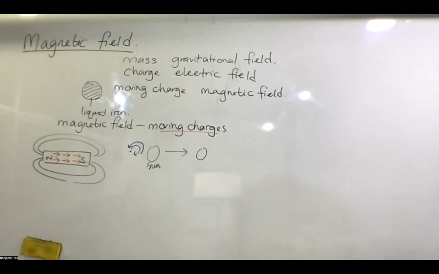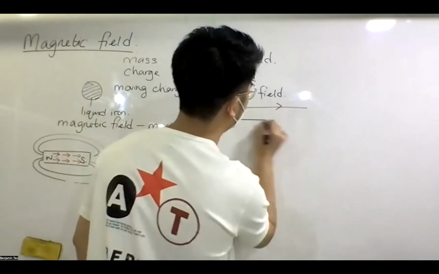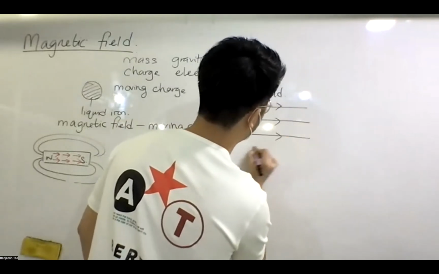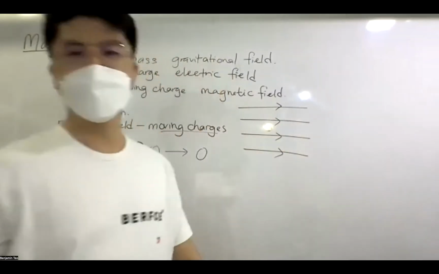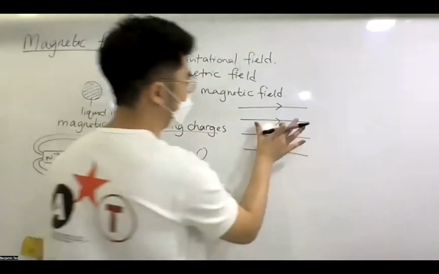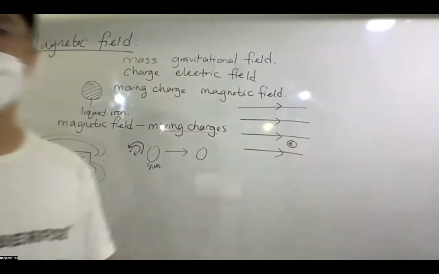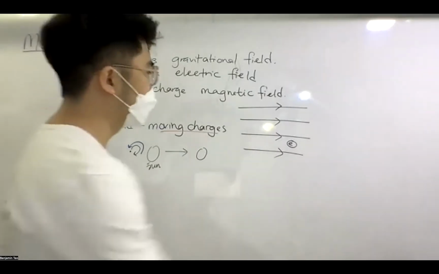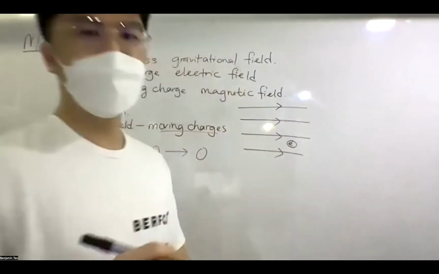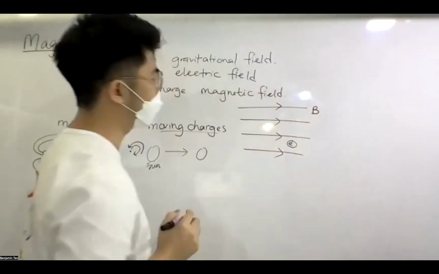A moving charge. That means if you have a magnetic field here, then I put a charge here. Okay, this is the charge. It's a stationary charge. This is the magnetic field. We use a symbol for magnetic field, B. B, that is the magnetic field.